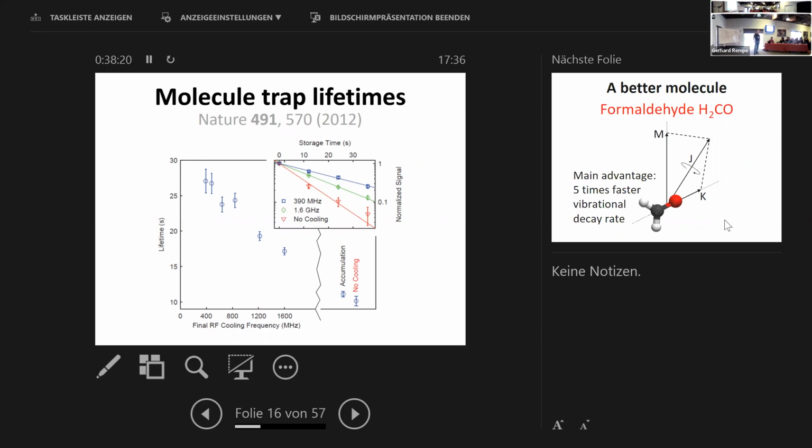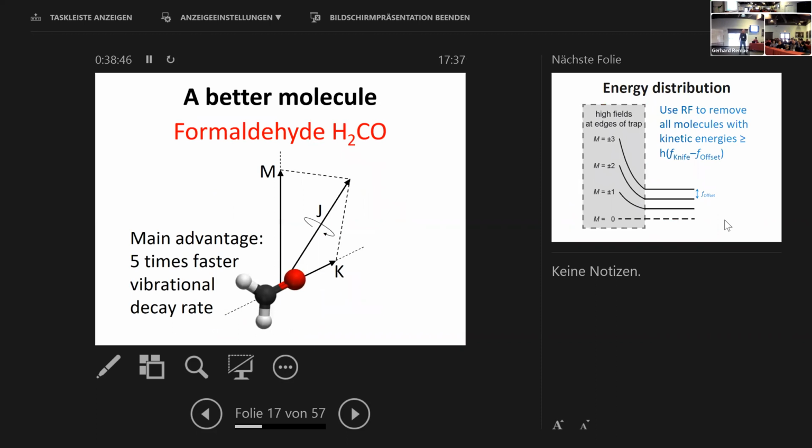They're not completely plugged, but when the molecules are fast, they can still make a transition from the low field seeking state to a high field seeking state. But when the molecules get colder, they can better follow the trajectory. That means in the end, the lifetime increases. So in this case, it increases from 10 seconds to something like 25 or 30 seconds. Half a minute. So that works very well.